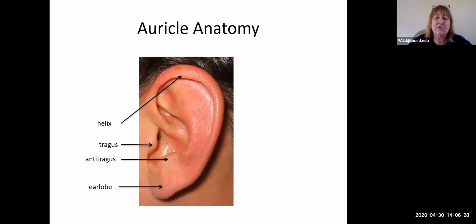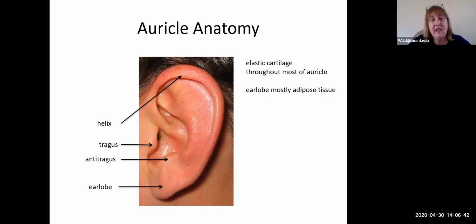Just anterior to the auditory canal and protecting it is a firm protuberance called the tragus, and opposite would be the antitragus. So most of the auricle contains elastic cartilage. The part that doesn't is the earlobe, and that's just mostly adipose tissue.